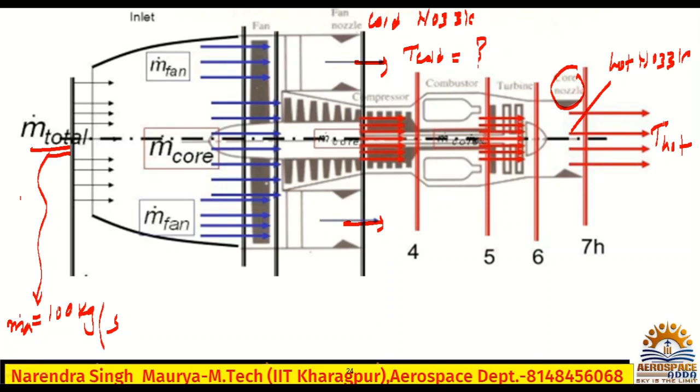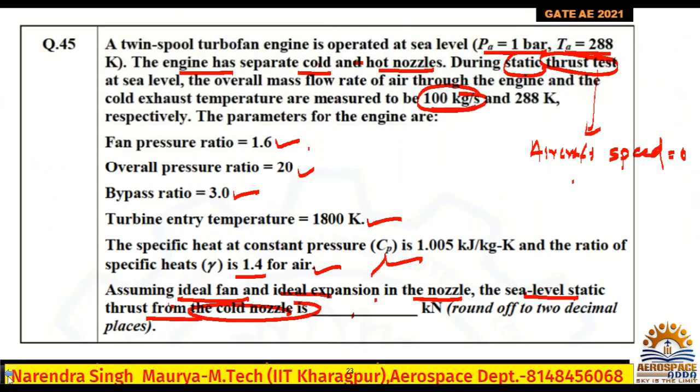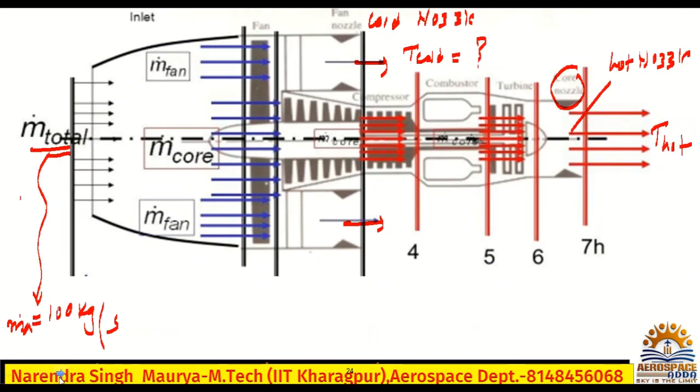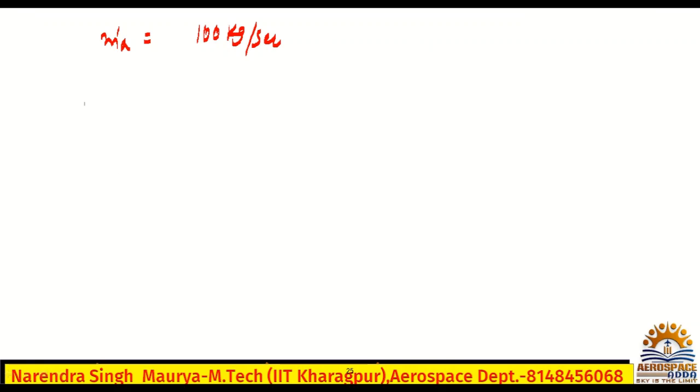All right, so we'll proceed with this problem. Check the simple data they have given for the cold nozzle. First, m dot: 100 kg per second of air. Next, they have given the bypass ratio, because I'm interested in the thrust. The bypass ratio is nothing but m dot cold divided by m dot hot.